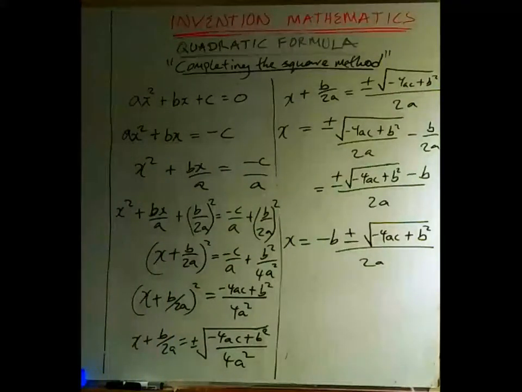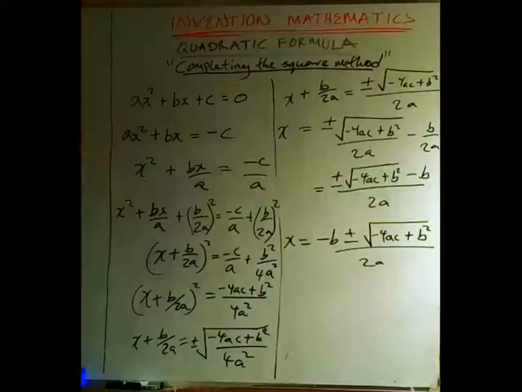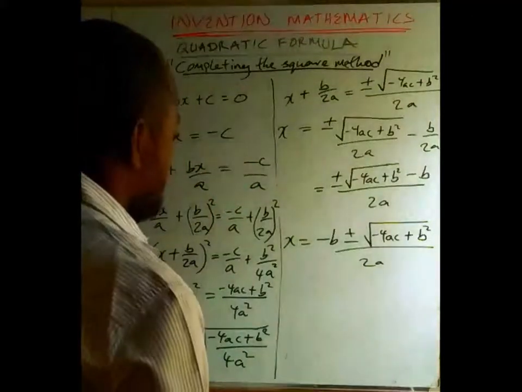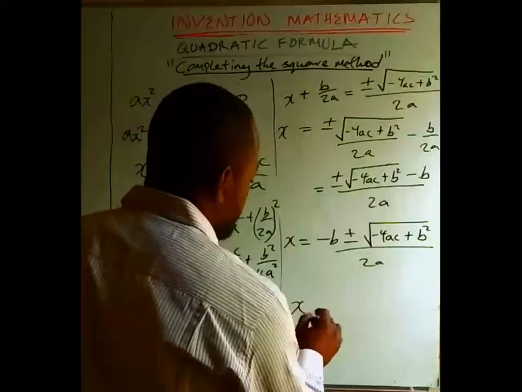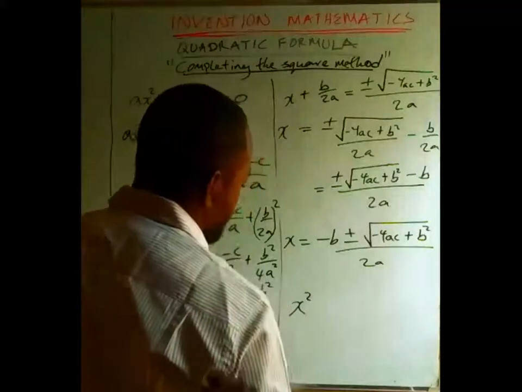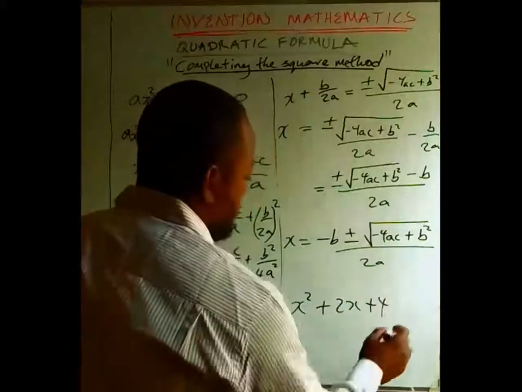How do we use it? Take for instance x squared plus 2x plus 4 equal to 0.